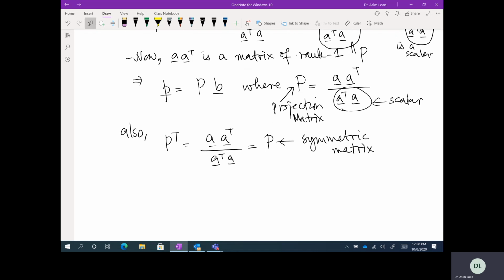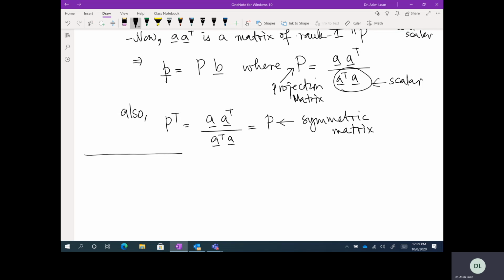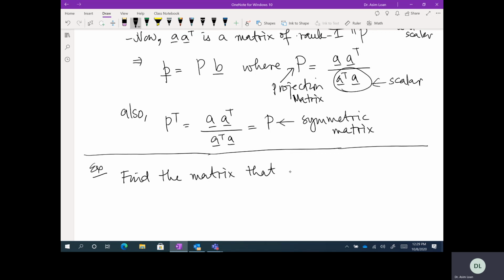Okay. Maybe we do an example before we end today's lecture. So the example is: find the matrix that projects onto a line through A, which is 1, 1, 1.